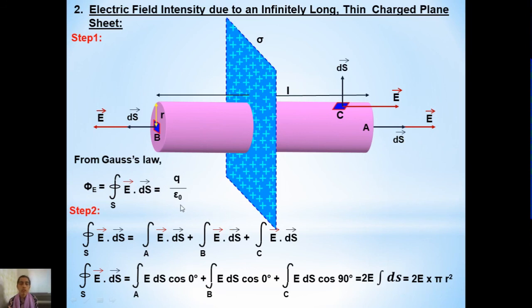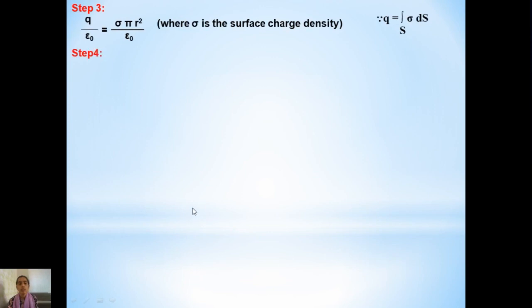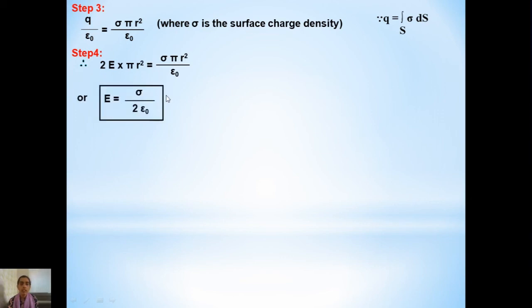In place of q over epsilon naught we should substitute sigma pi r square by epsilon naught. When we substitute, we get this equation. In this, we have to find out the electric field. So we keep only that on the left hand side and send the remaining terms to the right hand side. Then the pi r square in the numerator and denominator gets cancelled. And the remaining terms in the equation: E is equal to sigma divided by 2 epsilon naught.